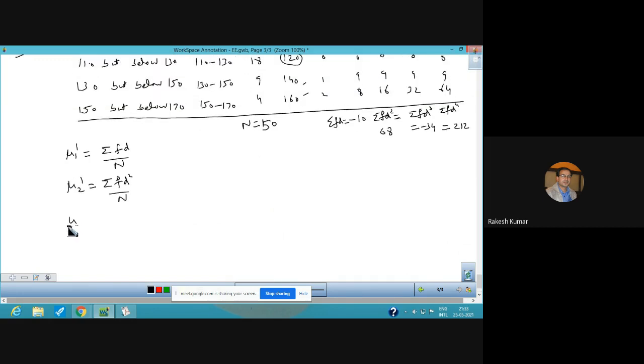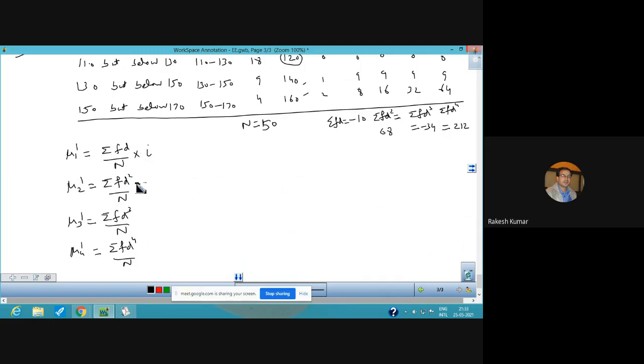So we will have mu3 dash, which is sigma fd cube upon n, and mu4 dash is sigma fd to the power 4 divided by n. But because this is a continuous data series, and these are the formulas for discrete data series, the formula will change a little.